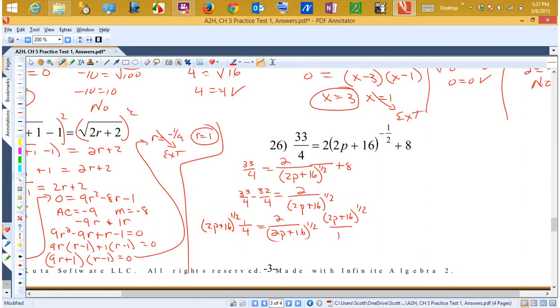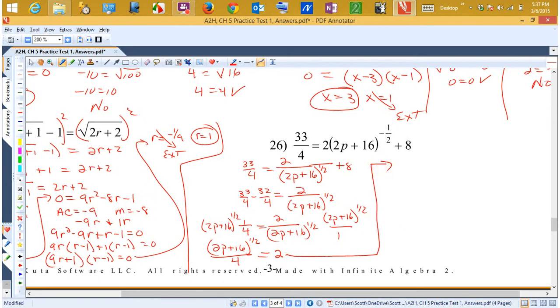So what I would end up with is 2p plus 16 to the 1/2 power times this 1/4, so that's over 4. And on the other side, that 2p plus 16 to the 1/2 and that 2p plus 16 to the 1/2 will cancel. That'll be over 2. All right? Or be 2.